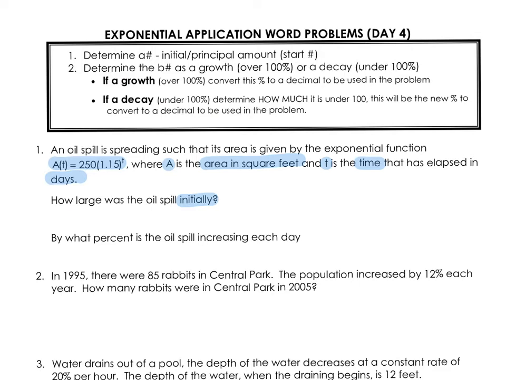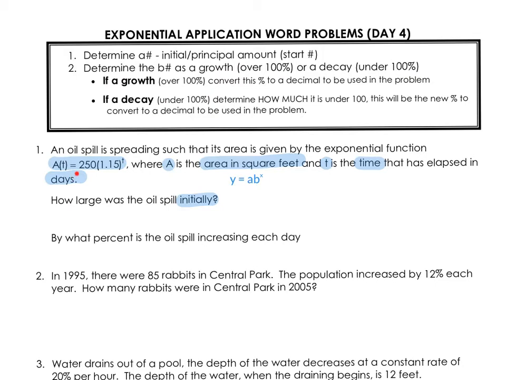Well, we have two options for this. We could put this into y equals and say y equals 250 times 1.15 to the t power, which we would need to put an x in if we were putting it in y equals in our calculator. Then we would go to second graph to look at the table and find out what the output is when the input is 0. We could also put in the 0, but as soon as I saw initially, I just know that in my equation for a general exponential function, y equals a b to the x power, the a stands for the initial value.